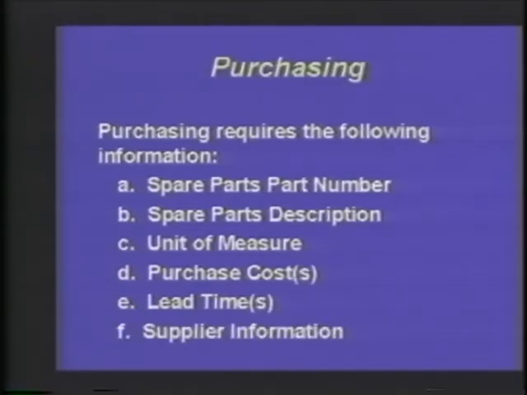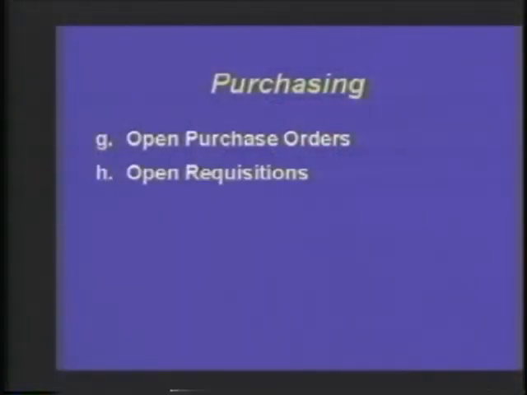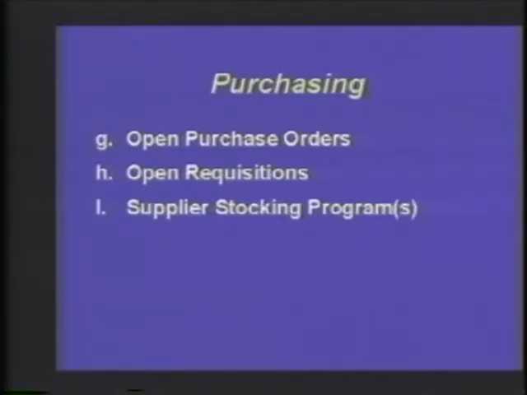F is supplier information. And a lot of that supplier information is actually identified on the first 4 sheets that precede this particular page, page 1. We have open purchase orders, which is item G, and H would be open requisitions, and then I would be supplier stocking programs.